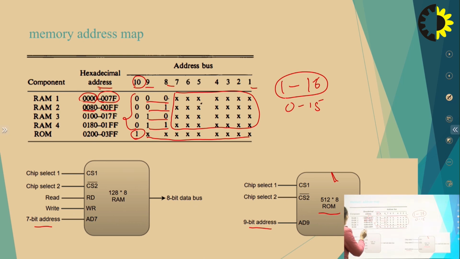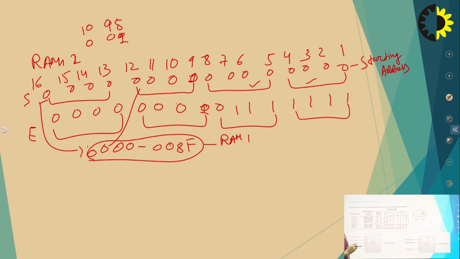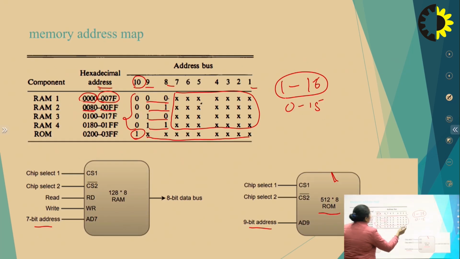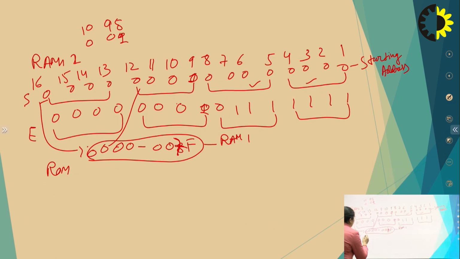Let's see the ROM. Sorry, it is 7. I was wrong. It is 7. For the ROM, as you know, the address bits are from 1 to 9.